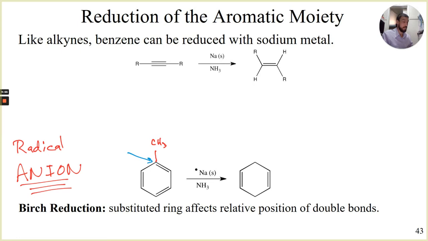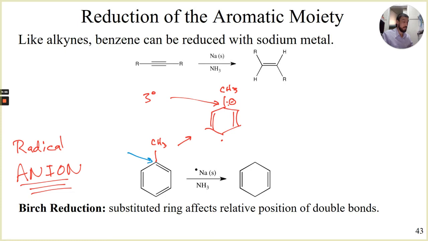The reason being is that if we had the anion there, that means our double bonds are located over here. There's our radical CH3. We would be having a tertiary anion, and that's the least stable anion.